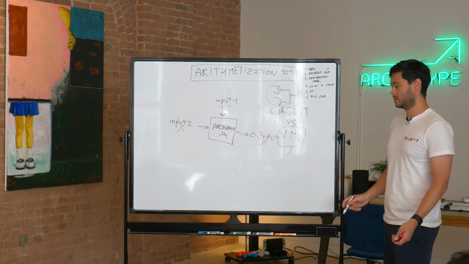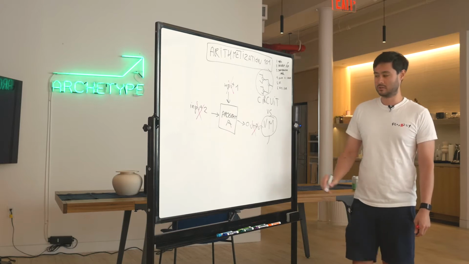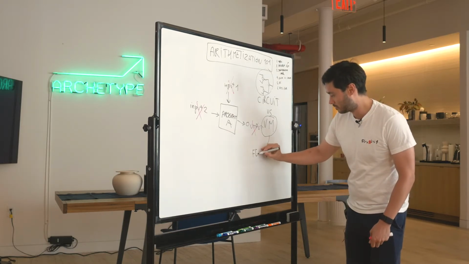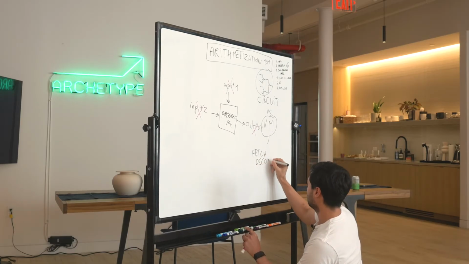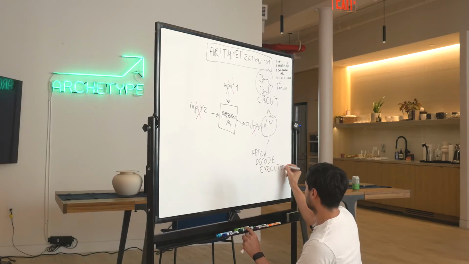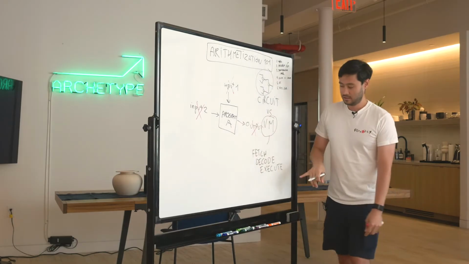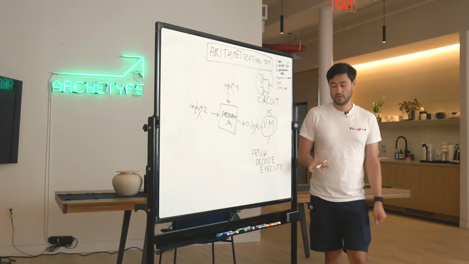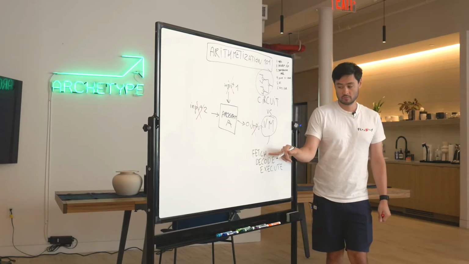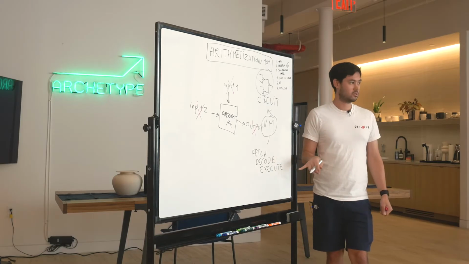a VM is basically, some people call it fetch, decode, execute. FDE, I guess. Basically it's a loop, and every iteration of the loop fetches the next instruction to run, decodes it, and then executes it.